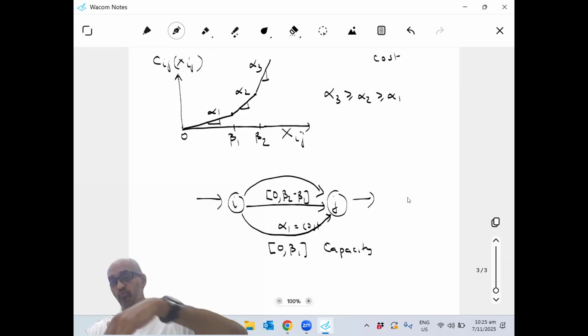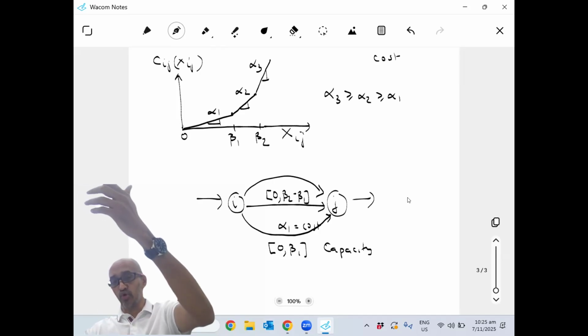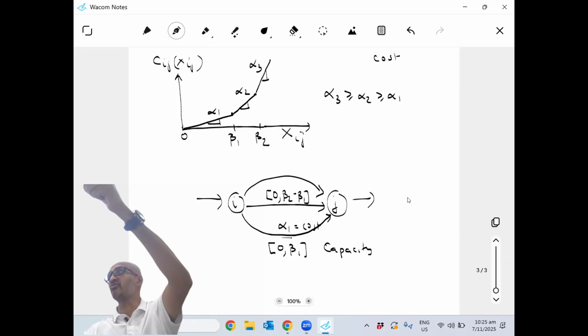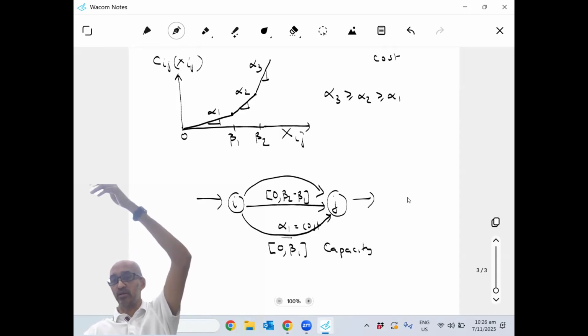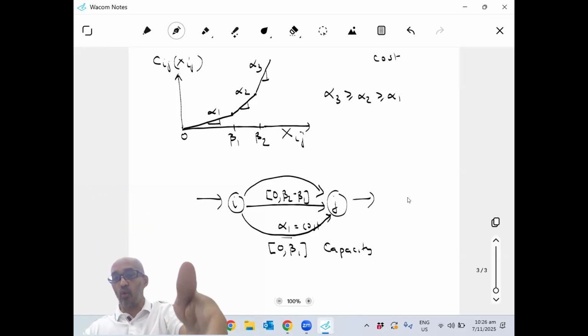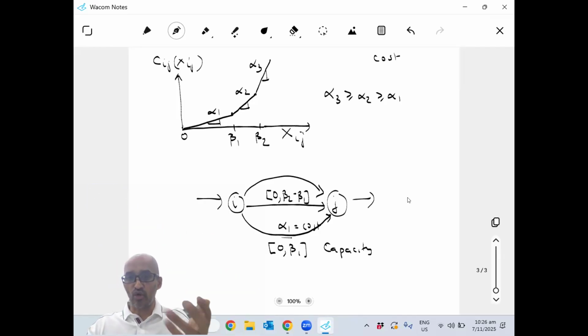If my inflow is more than beta 1, I want to use the first link initially, get this cost, and then the remaining surplus, which I cannot send on that link because of the capacity, I will send on this link. That can go up to beta 2 minus beta 1, which means that the total sum of the flow across these two links can be at most beta 2, which is up to this part. Okay. And what do I want for the cost of this? I want the cost of this to increase at the rate of alpha 2.